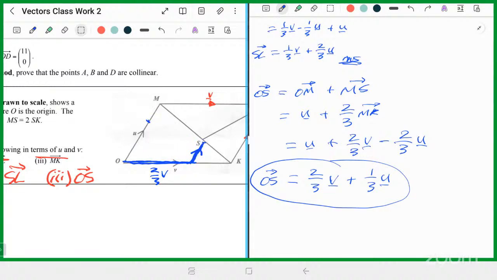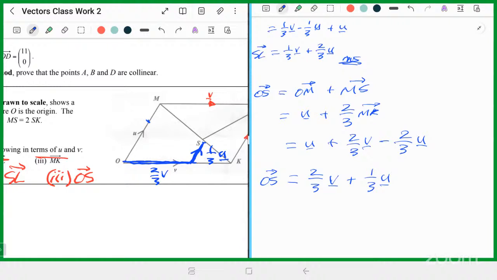You see that the 2/3 of V that we have and the 1/3 U did in fact take us from O to S. And so we can accept those answers and be confident that they are correct. So that is the answer right there. The calculations and your diagram match.